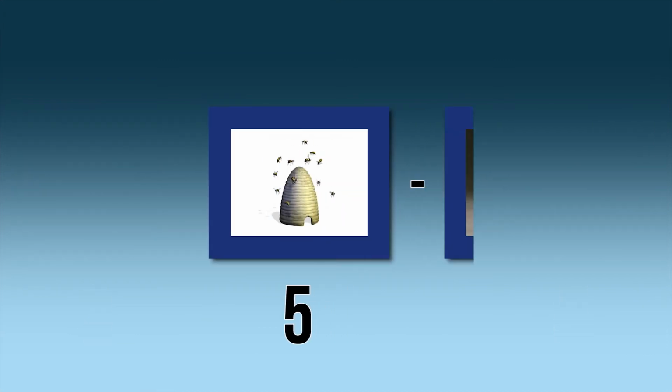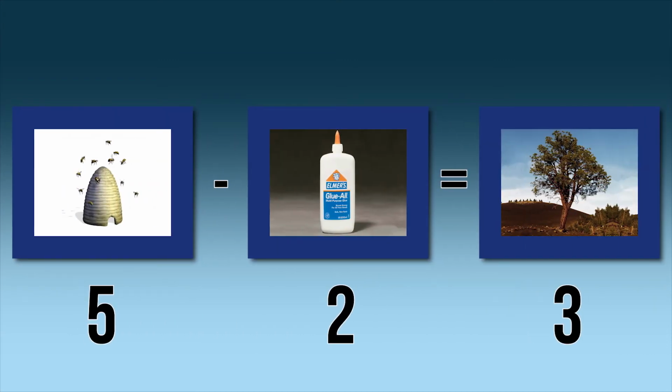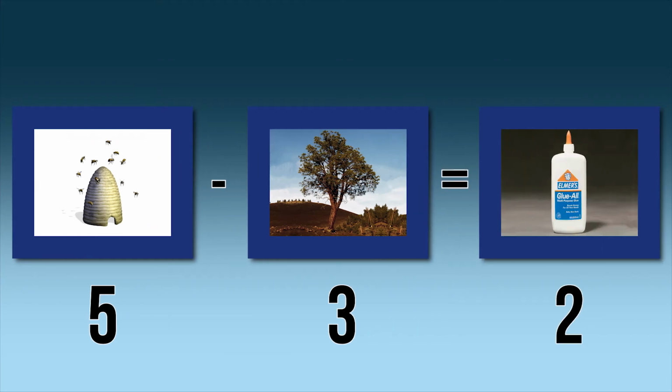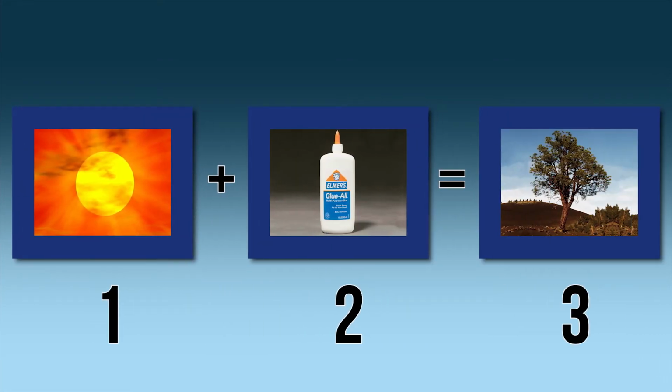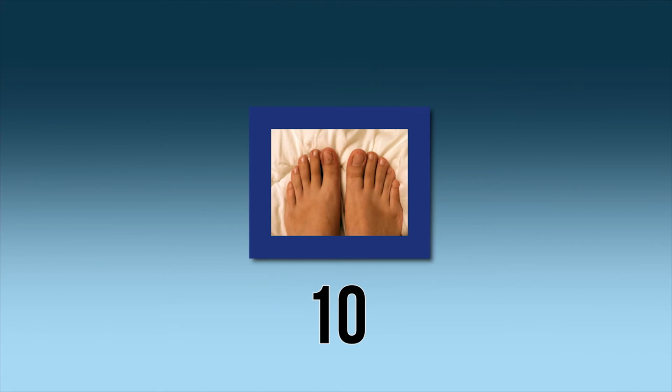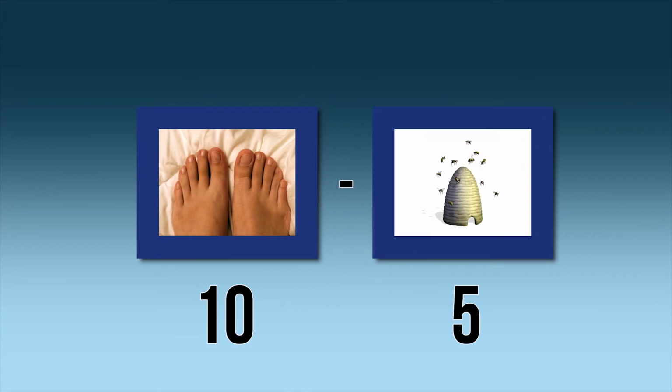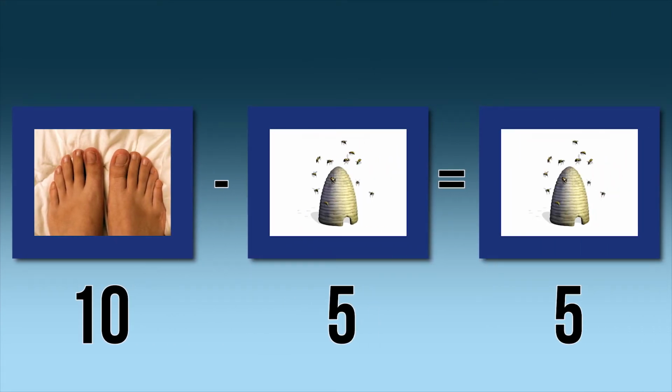What's hive minus glue? Tree. What's hive minus tree? Glue. Okay, good. What's sun plus glue? Tree. This guy likes trees. Let's go to slightly more complicated. Toes. 10 toes. Minus hive is hive. Very good. So have the kids playing lots of games very quickly.